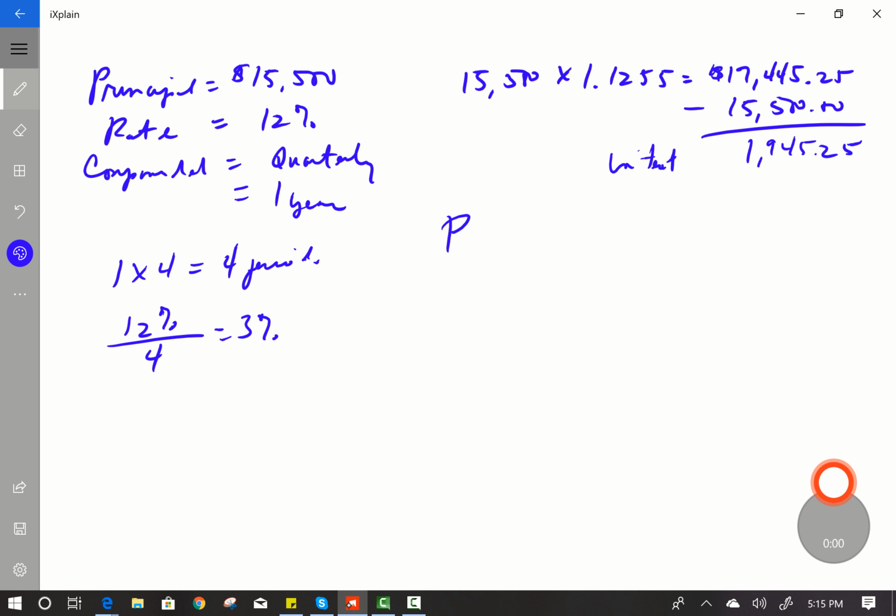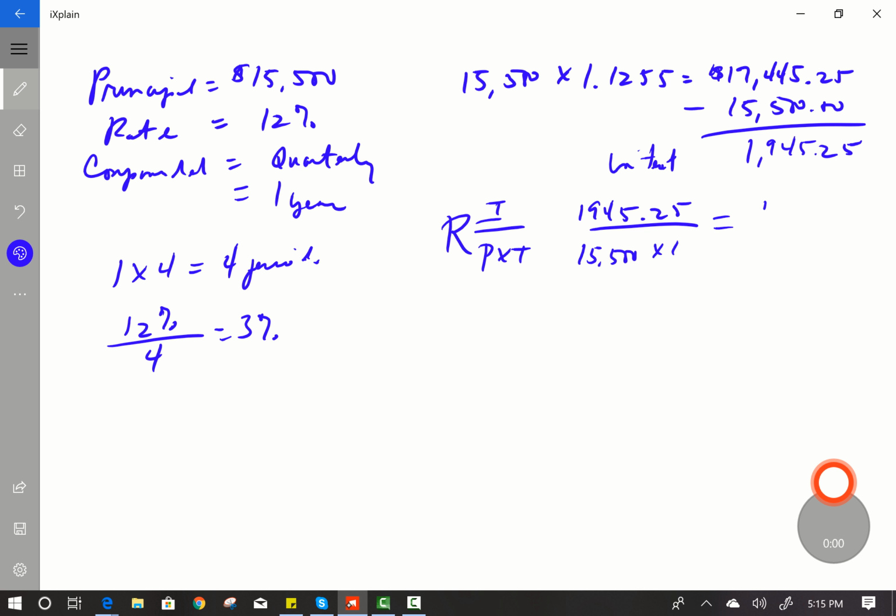Okay, if we're trying to find the effective rate, rate is equal to interest divided by principal times the time. So therefore the interest is $1945.25 divided by the principal of $15,500 times the time, which is 1 year.